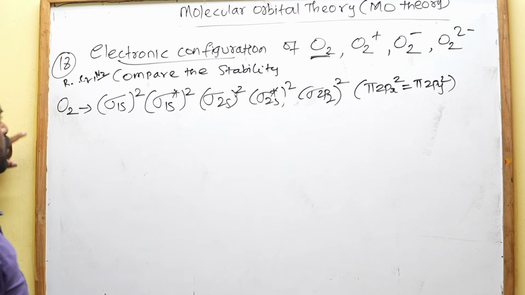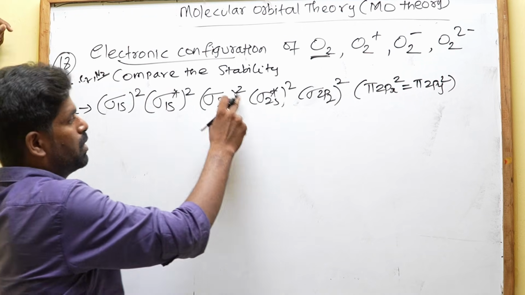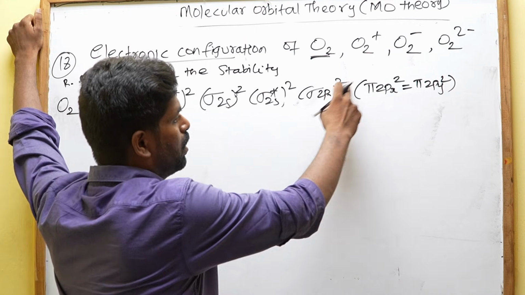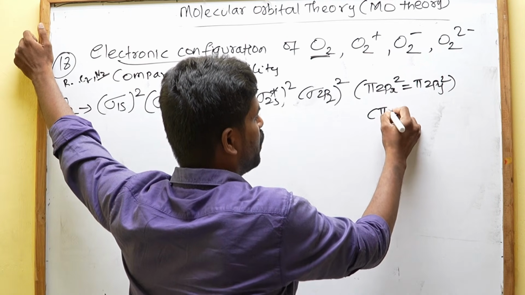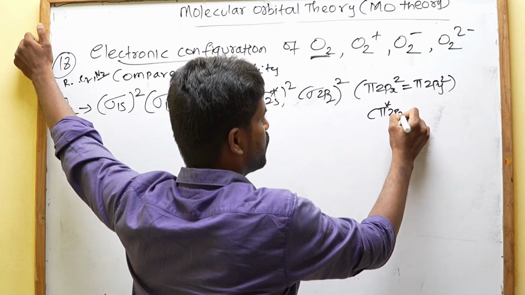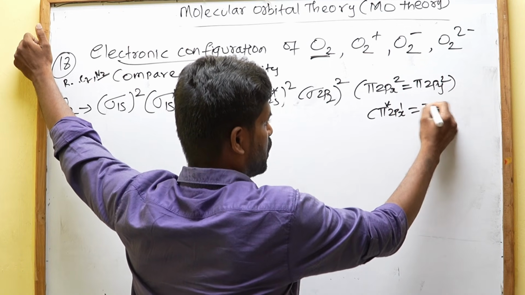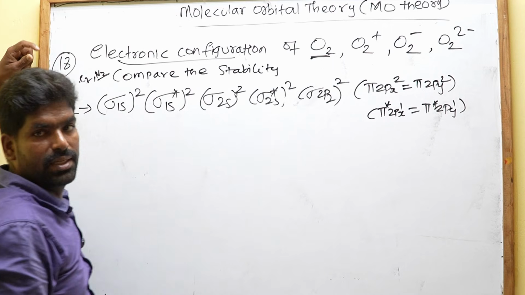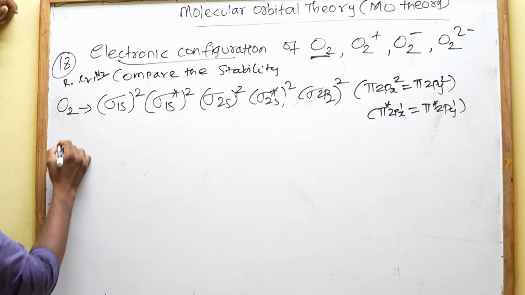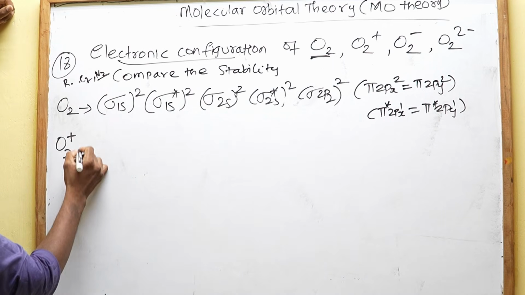Let's count the number of electrons because that should be 16. 2 plus 2, 4, 6, 8, 10, 12, 14 and pi star 2px 1 and pi star 2py 1. So totally 16 electrons.